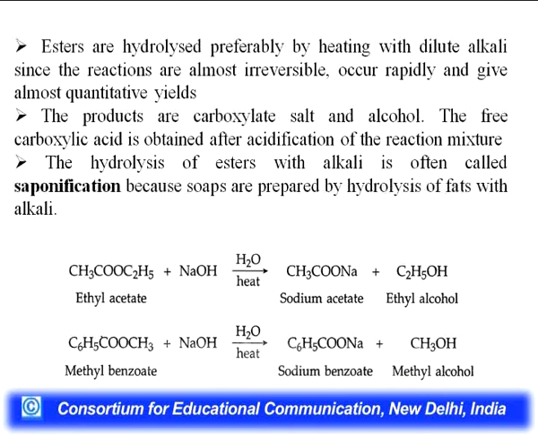The hydrolysis of esters with alkali is called saponification because soaps are prepared by hydrolysis of fats with alkali. So, there are 2 reactions: ethyl acetate on hydrolysis with NaOH, that is alkali, will give you sodium acetate, the salt of acetic acid, and ethyl alcohol. Methyl benzoate will give you sodium benzoate along with methyl alcohol.